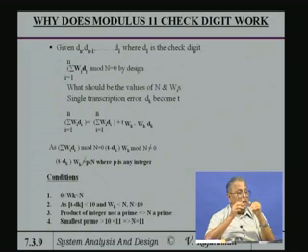Now sigma wi di mod n is 0 by design. Okay. So t minus dk times wk mod n should not be equal to 0.